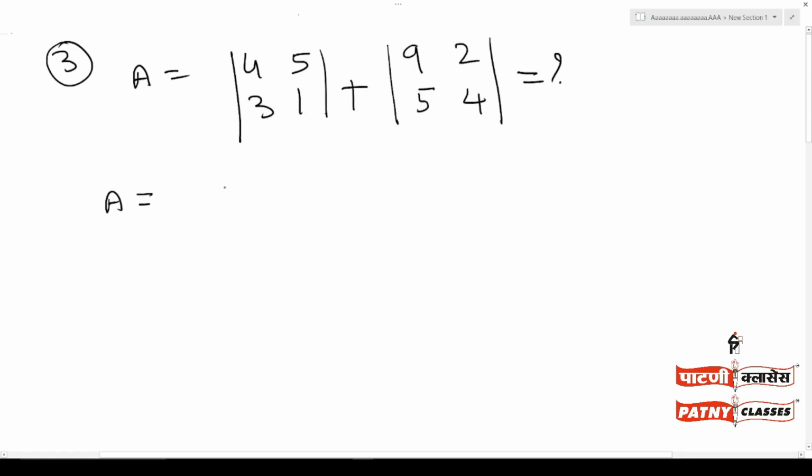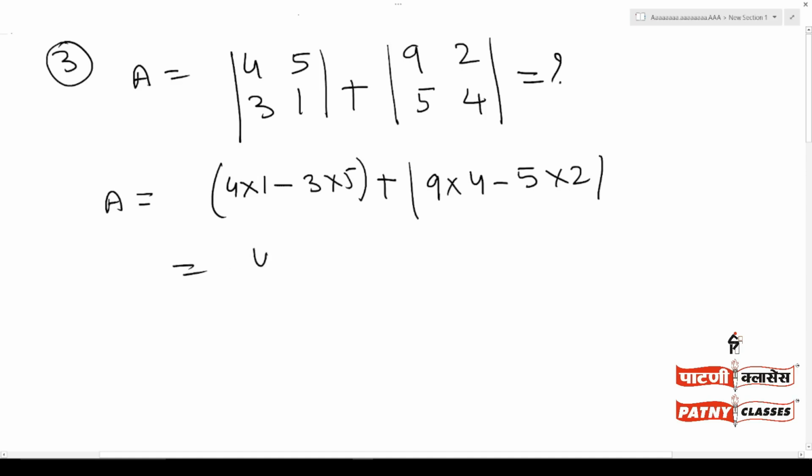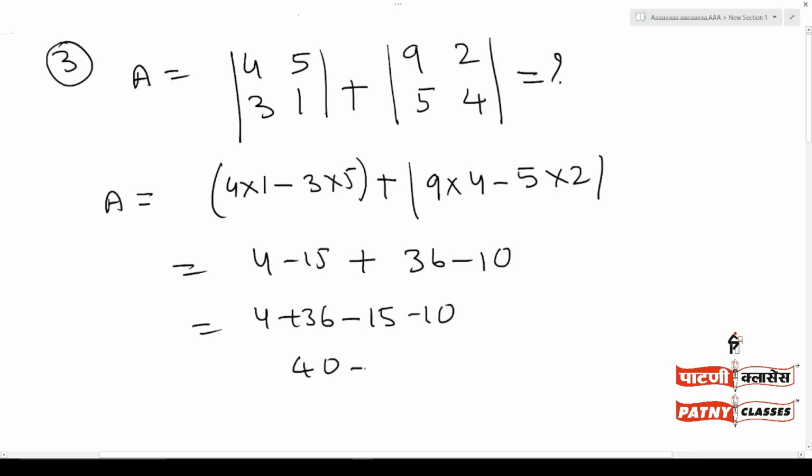For the first determinant, 4 into 1 minus 3 into 5 plus, for the second part again comparing with ABCD, it becomes AD minus BC, that is 9 into 4 minus 5 into 2, equals to 4 minus 15 plus 36 minus 10, equals to 4 plus 36 minus 15 minus 10, 40 minus 25 equals to 15.